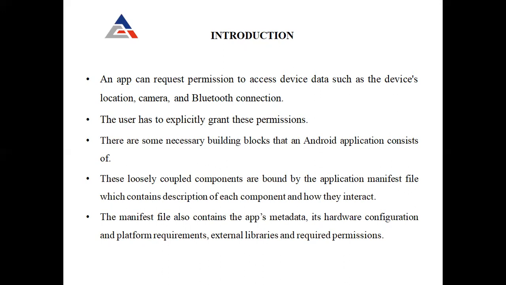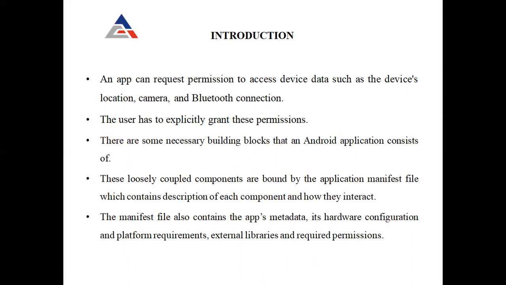If the user allows the application, only then will the application access that particular device of the mobile. That can be the camera, Bluetooth, contact list, gallery, anything. The user has explicitly granted this permission. So it is a choice of the user either to give permission or not. The user can either accept the grant, allowing the application to use that particular device, contact list or gallery, or the user will reject it.